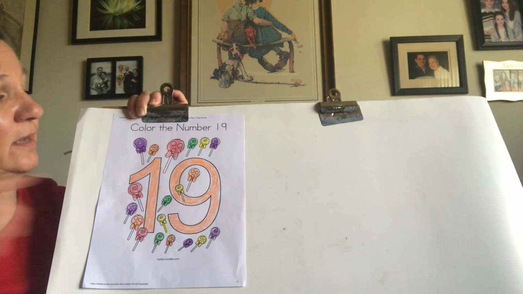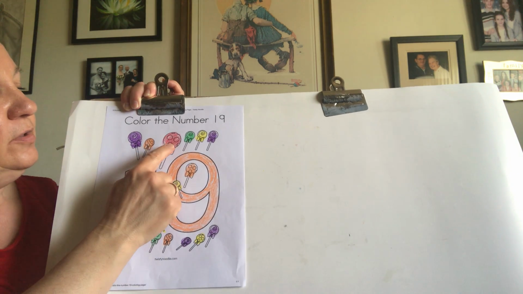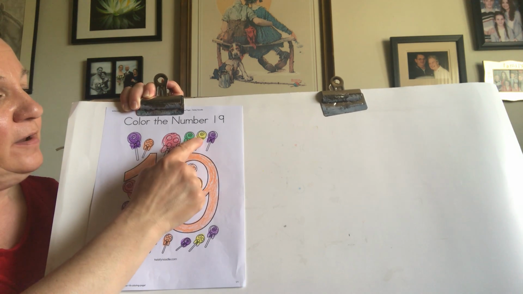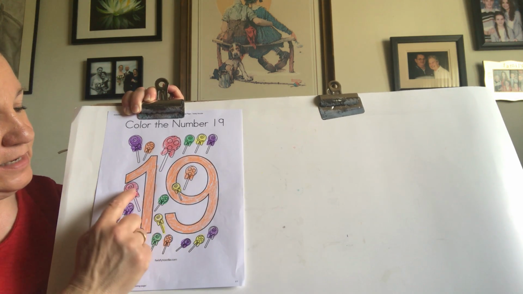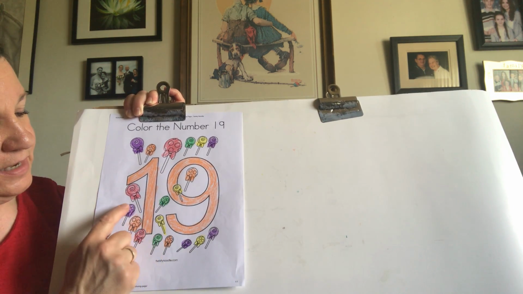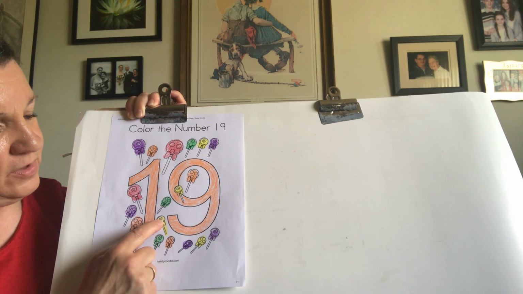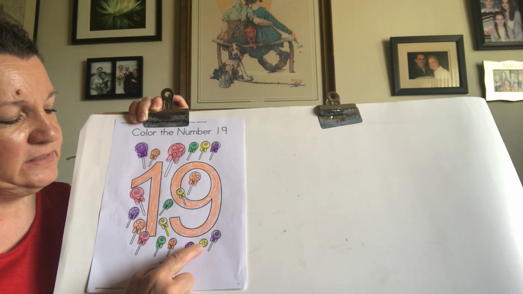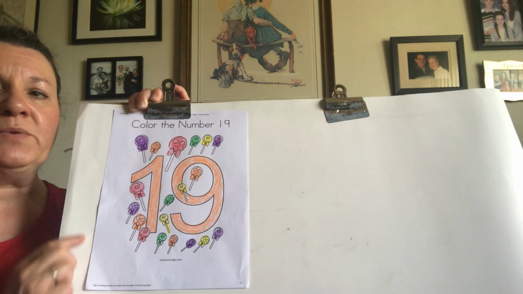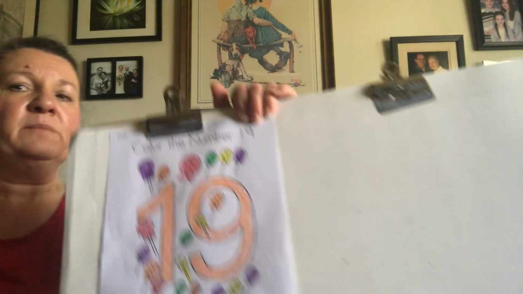All right, let's count again. 1, 2, 3, 4, 5, 6, 7, 8, 9, 10, 11, 12, 13, 14, 15, 16, 17, 18, 19. So we have 19 lollipops.